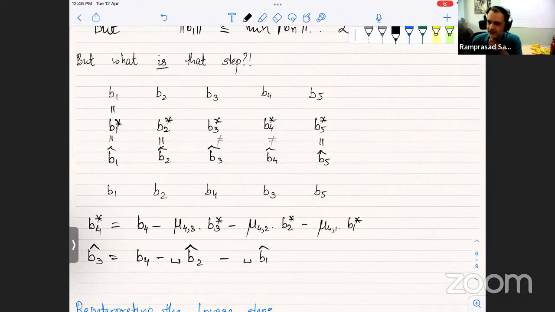Okay, but I know B2 hat is equal to B2 star and B1 hat is equal to B1 star. So therefore I might as well replace this with stars. Okay, what should this be?